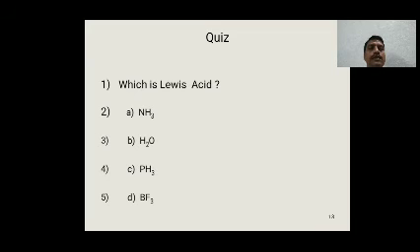It is an electron deficient molecule with fewer than 8 electrons on the central atom, so it accepts a pair of electrons from another substance and acts as a Lewis acid. The correct answer is boron trifluoride.